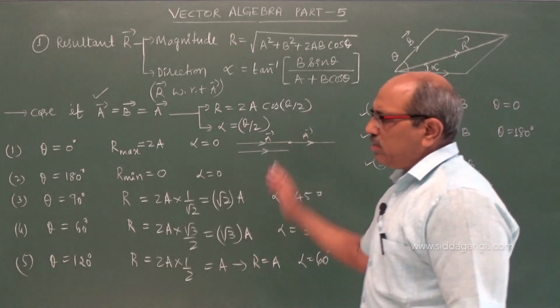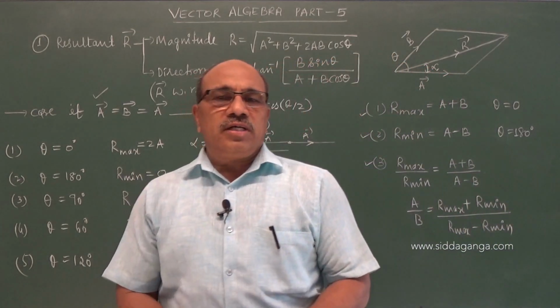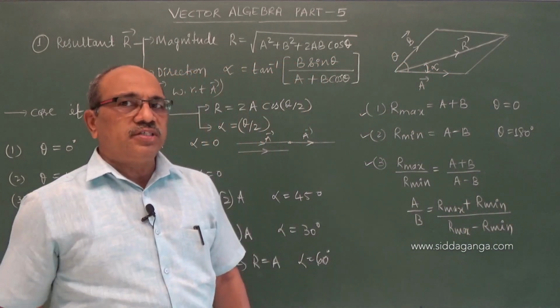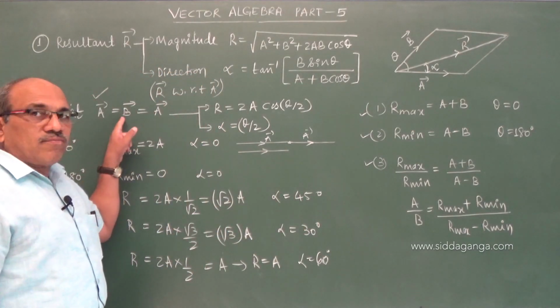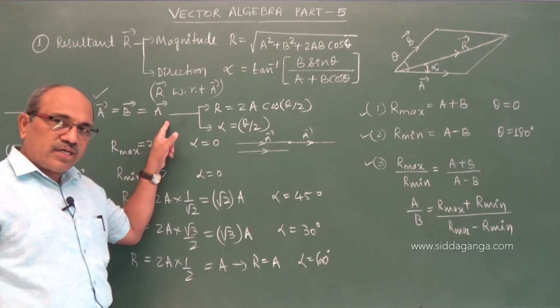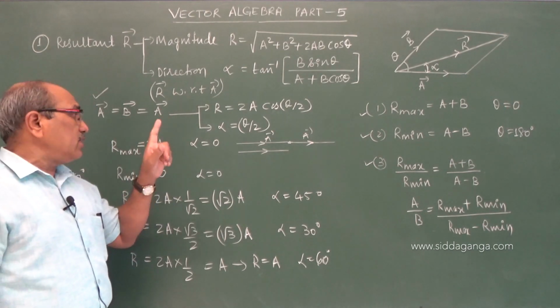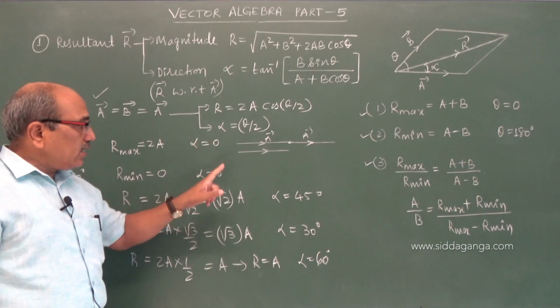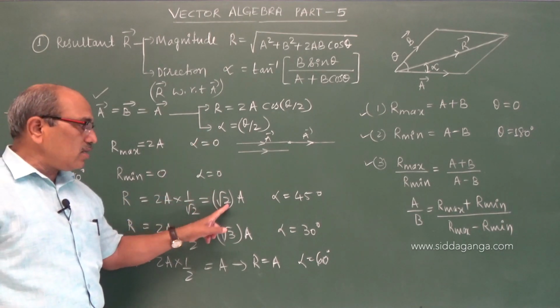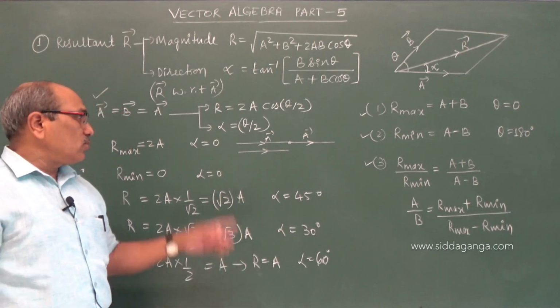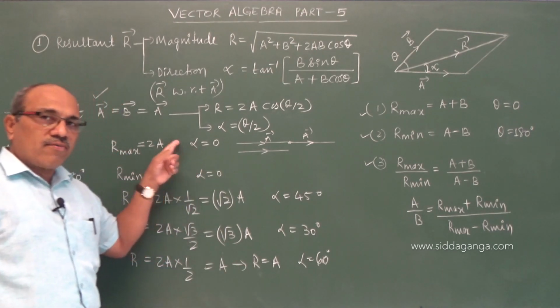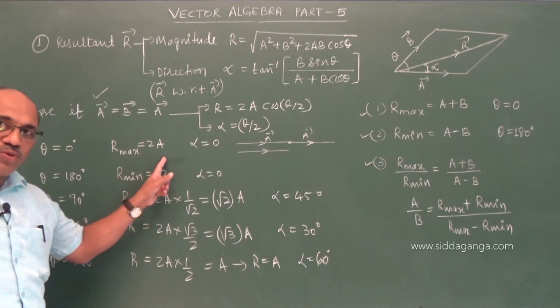So these are very important cases we apply in physics in many cases, where both physical quantities have the same magnitude. They are vectors, but they may be acting parallel, anti-parallel, orthogonal, or at 60 degree or at 120 degree. If they are parallel, the resultant becomes maximum, equal to 2a.